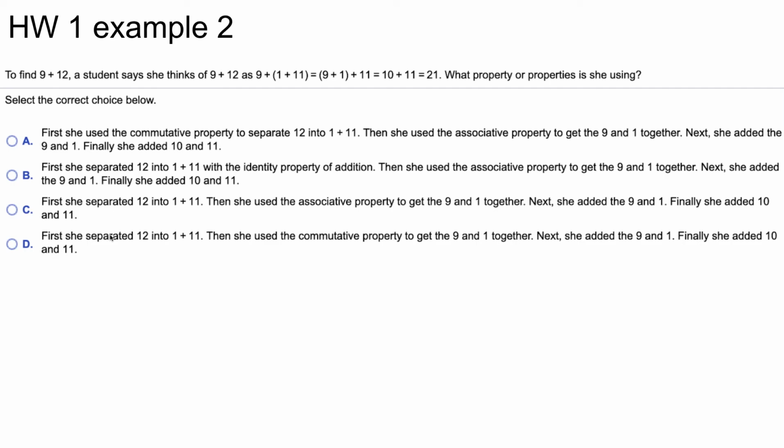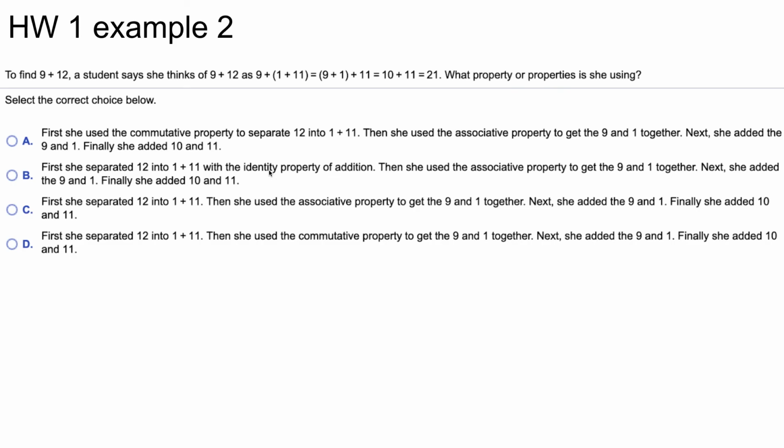So let's see which one says the same thing. First, she used the commutative property. No, right? Separate 12 into 1 and 11. No. Separated 12 into 1 and 11 with identity property of addition. It's decomposing. So first she separated 12 into 1 and 11. That's not identity property, right?